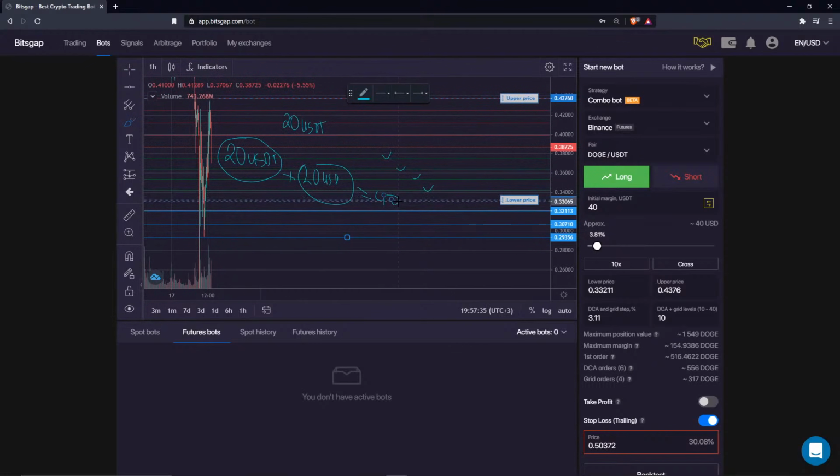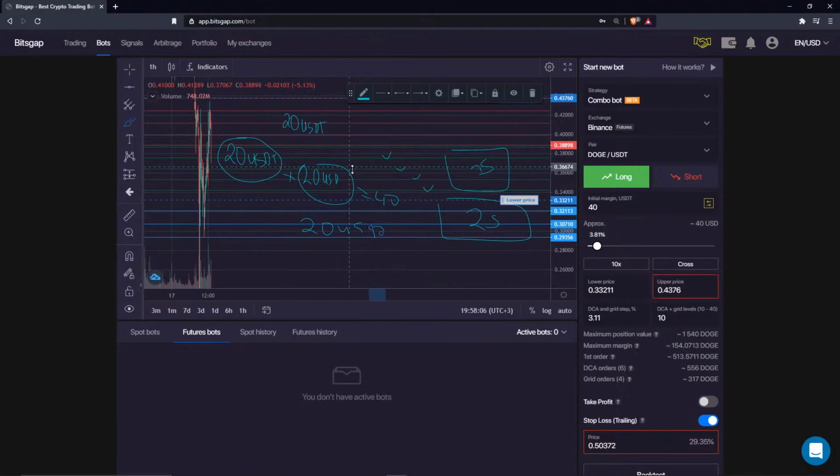Right now it's invisible, but the algorithm takes that into account. When it triggers the first layer down to the last standing buy order, the second layer is what you will see coming next. It will set these new buy orders, and that's another 20 USDT.